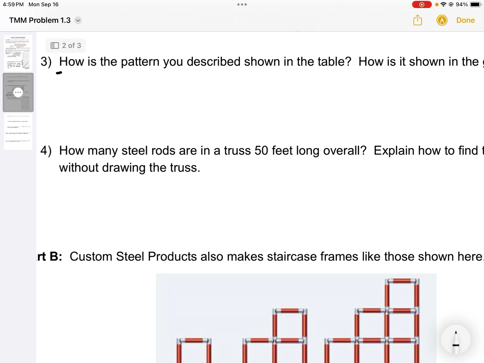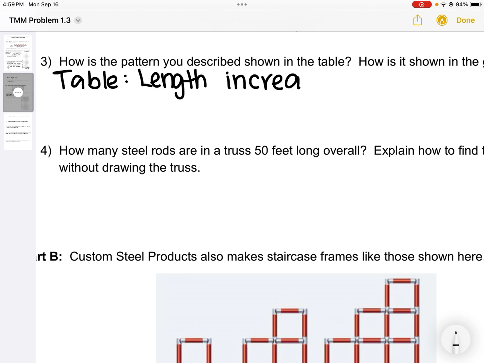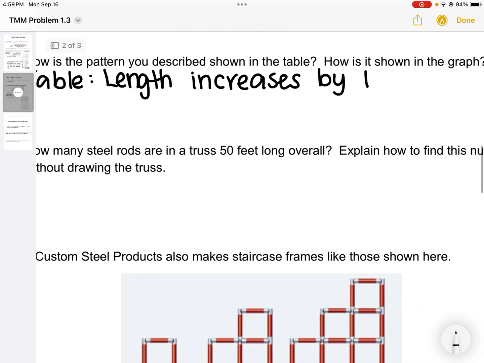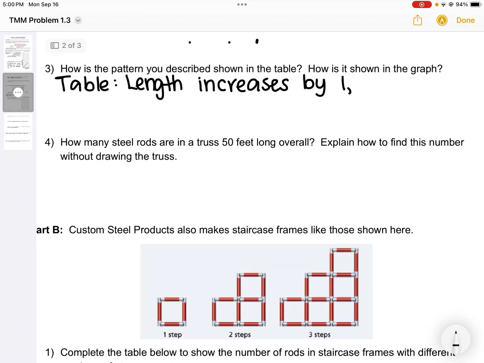So table, which we have already said, but we're just going to rewrite it. So length increases by 1. Rods increase by 4.